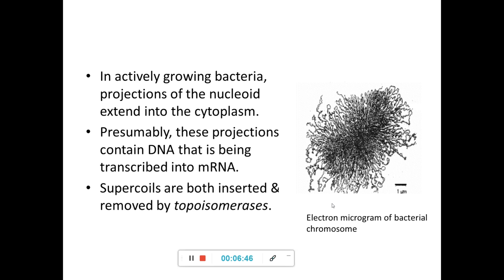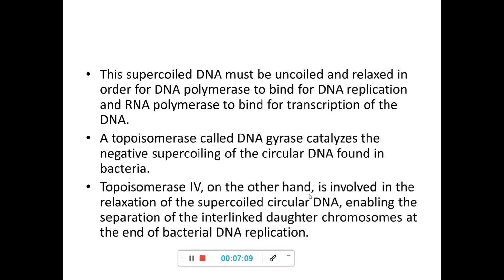The regions where they are compacted indicate that RNA synthesis is not happening. So depending upon which genes have to be transcribed, those regions of the DNA will be extended. And all this supercoil insertion as well as removal is done by topoisomerases.